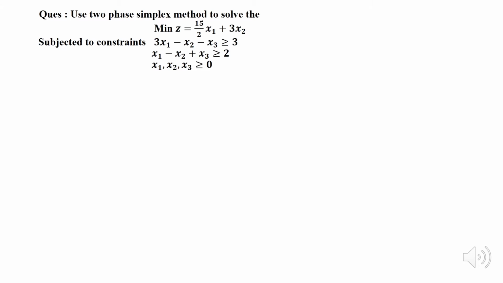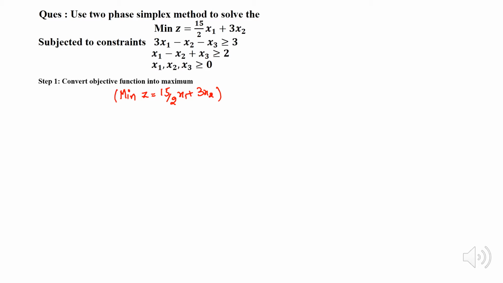So as we have seen during the steps involving solving the two-phase simplex method, the first thing we have to do is convert any optimization problem which is in the form of minimization into a maximization objective function. So here I will multiply my objective function with -1 to convert the minimization into a maximization problem.